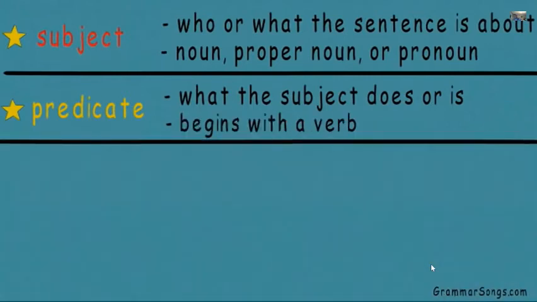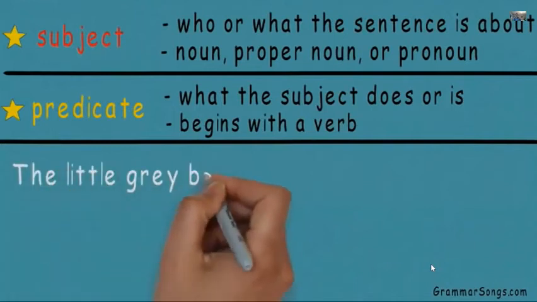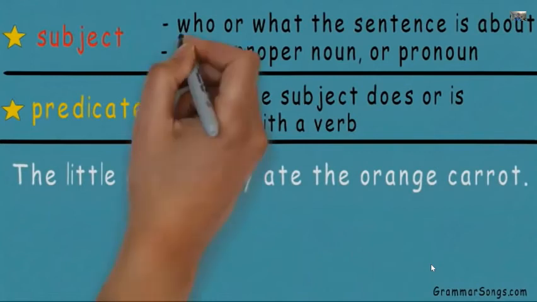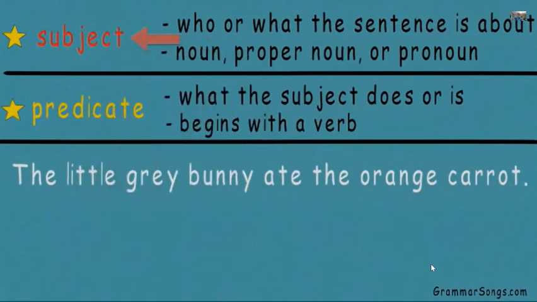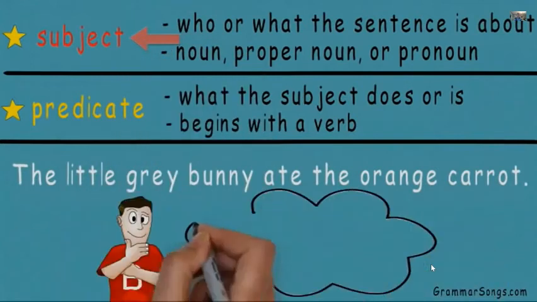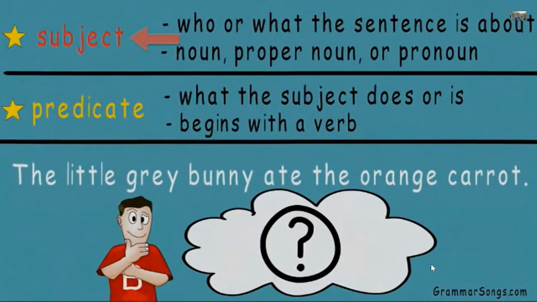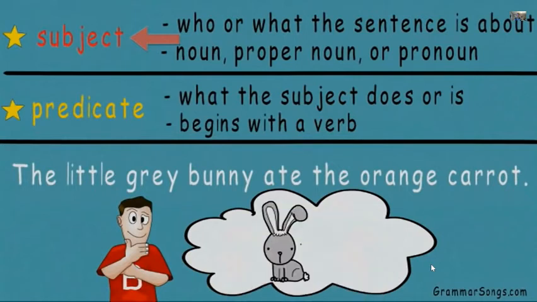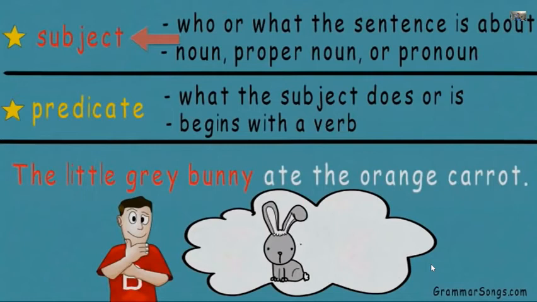Let's practice identifying the subject and predicate in some complete sentences. The little gray bunny ate the orange carrot. First, let's find our subject. Who or what is this sentence about? Well, when I read this sentence, I get a picture in my head of a little gray bunny. The little gray bunny is my subject.